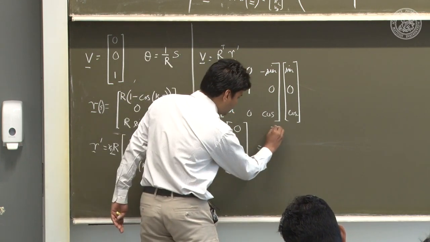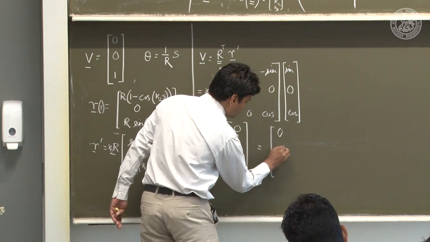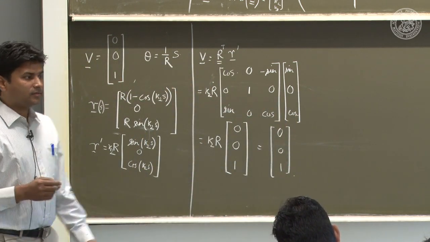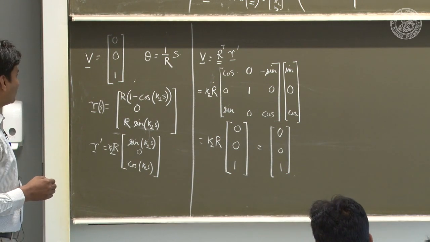So what you get is 0, 0, 1 as you expected. Everything works out very well.